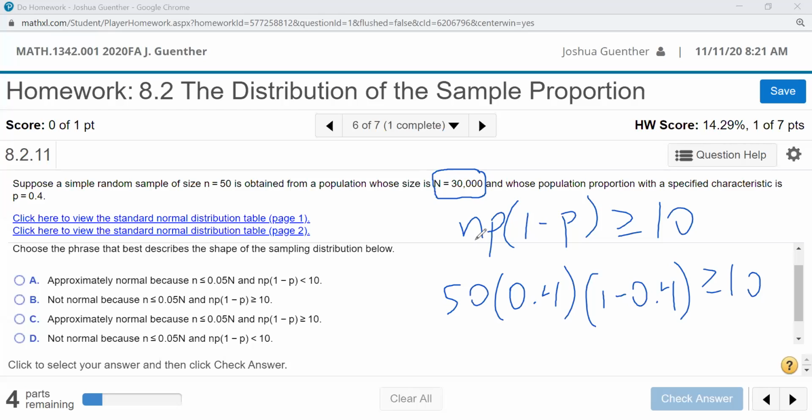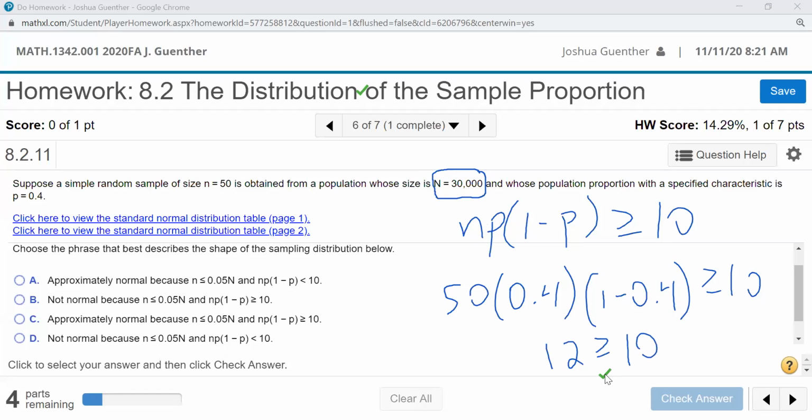So let's see, 0.24 times 50. Let's not use witchcraft, because I want to be exact. So 50 times 0.4 times 0.6 is 12, which is very, very close. It's cutting it close. But it does fulfill our other normality assumption, because 12 is greater than or equal to 10.